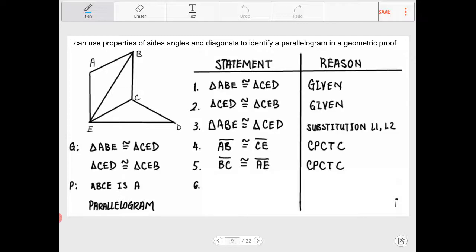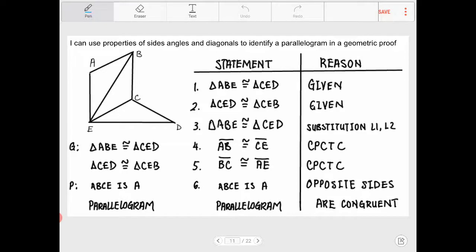And last but not least, we can then say that ABCE is a parallelogram because opposite sides are congruent. So this approach that I had taken before is slightly more efficient. However, again, it just goes to show we are not limited to just one approach.